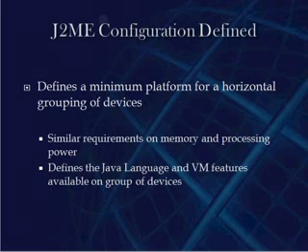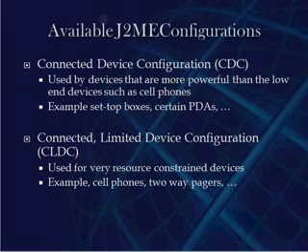J2ME is a Java platform designed for embedded systems. J2ME isn't a specific piece of software or specification. All it means is Java for small devices. These are the available J2ME configurations: CDC and CLDC.